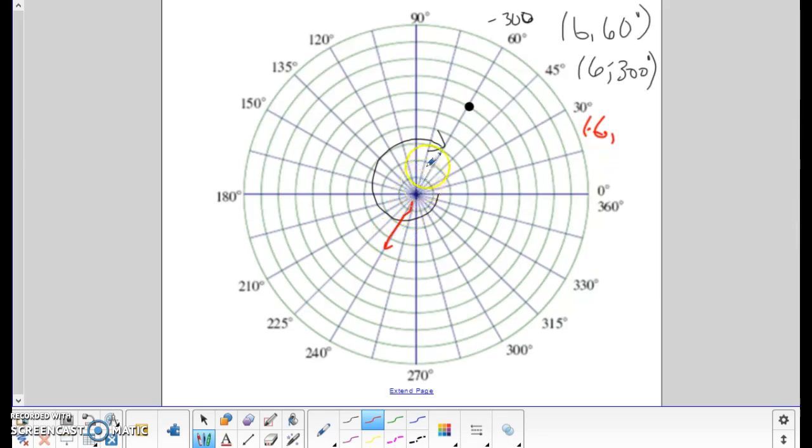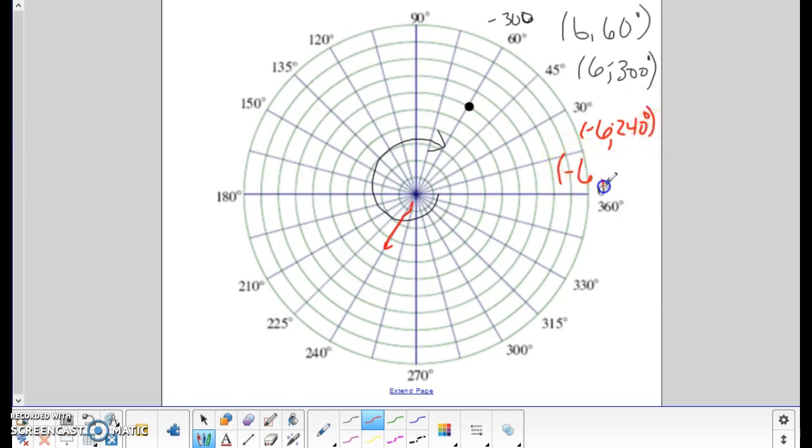We're facing 240, so we're walking backwards to get there. So -6, and if I do the angle in the positive direction, I go from 0 all the way around to 240. So it is (-6, 240°).